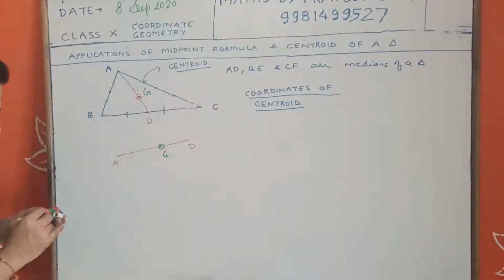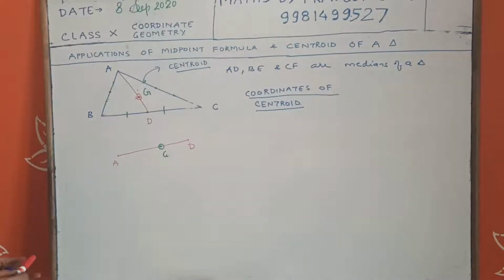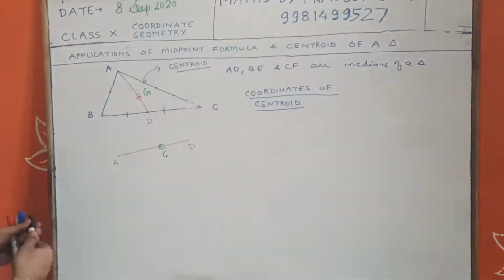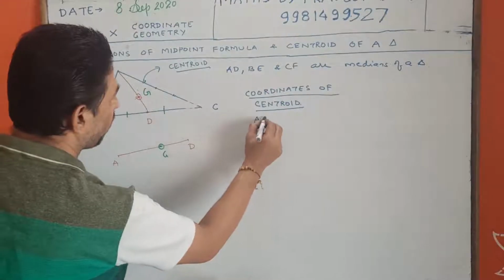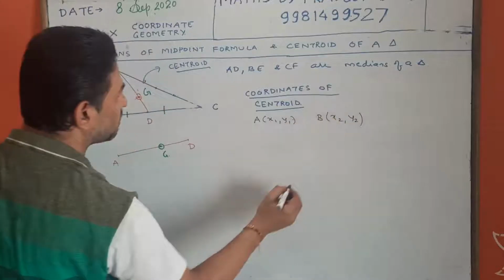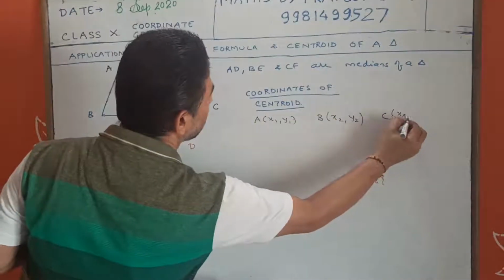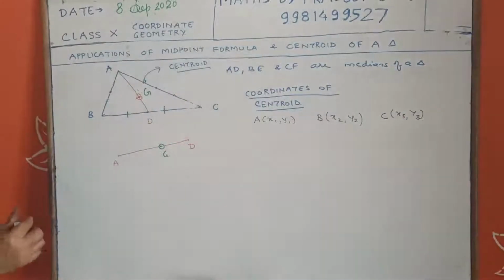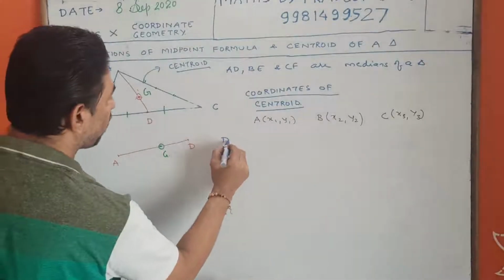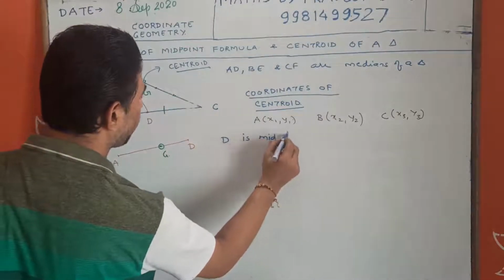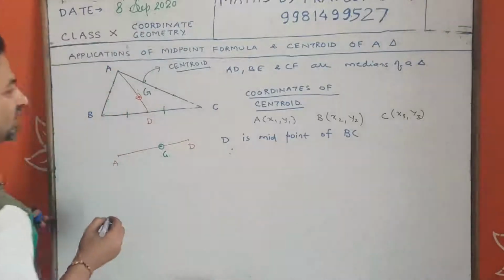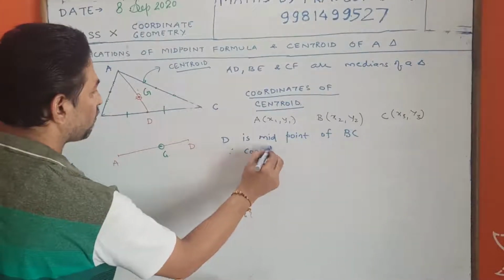Let's assume that the coordinates of A be x1, y1, B x2, y2, and C x3, y3. Now we have D is midpoint of BC.